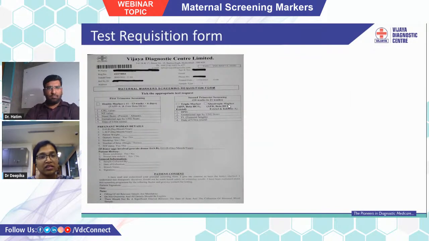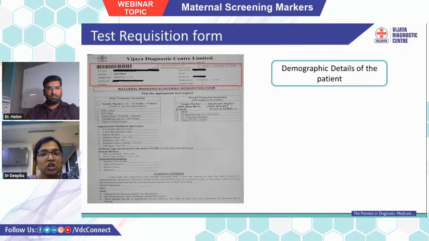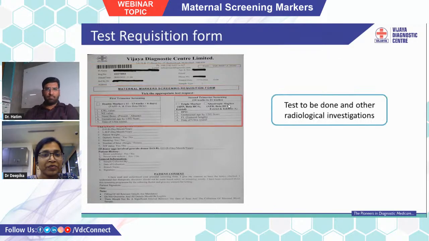So this is a test requisition form. In the first column, we have the demographic details of the patient. And next is, what are the tests to be done? If it is a first trimester screening, it's a double marker, and the ultrasound findings required are the CRL, NT as well as nasal bone.